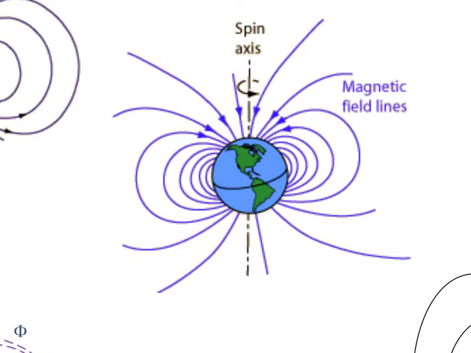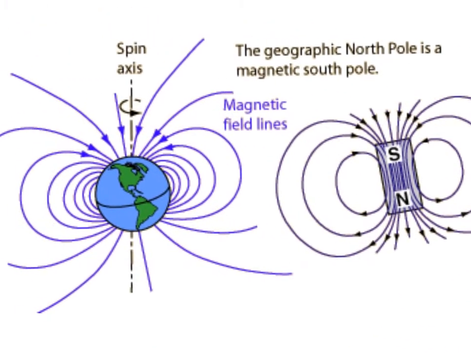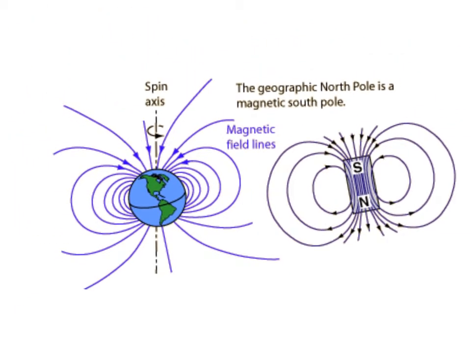If we look at these side by side, we can see that up here, at the top of the geographical North Pole, is really the South Pole of our imaginary magnet.